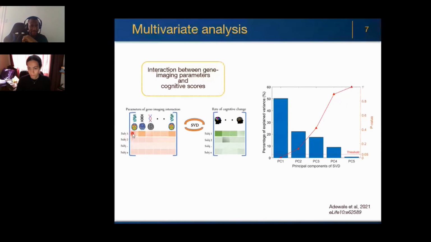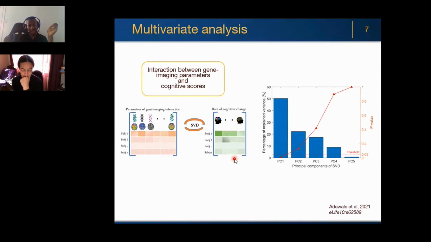If we combine the alpha parameters that we obtained after applying regression on the data from each subject, on the left side here, and we also calculated the slopes of the 5 cognitive evaluations that we considered, then we applied singular value decomposition to look at the cross correlation between the parameters defining the interactions between the genes and the imaging modalities that we considered, and the cognitive scores.